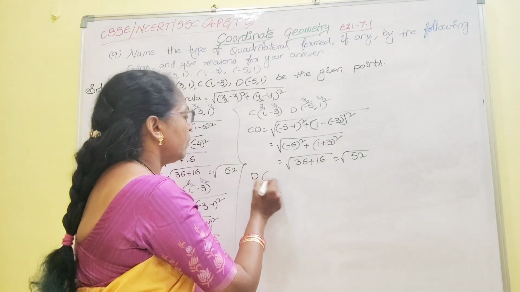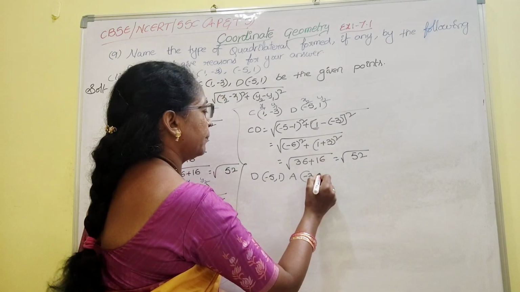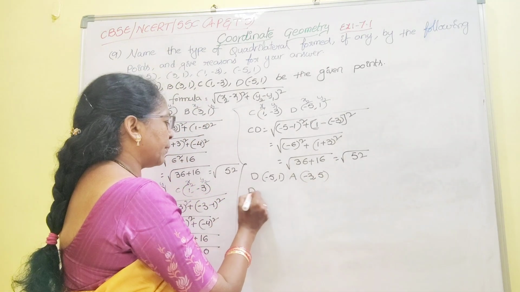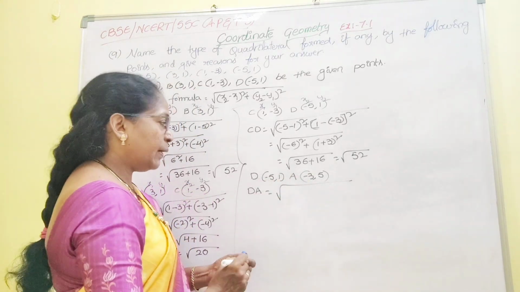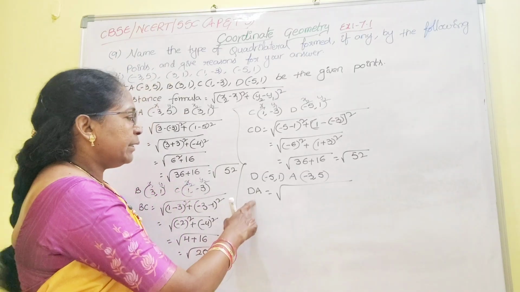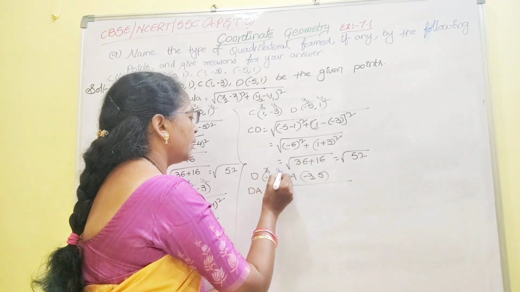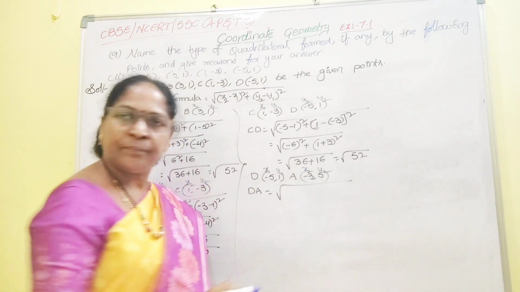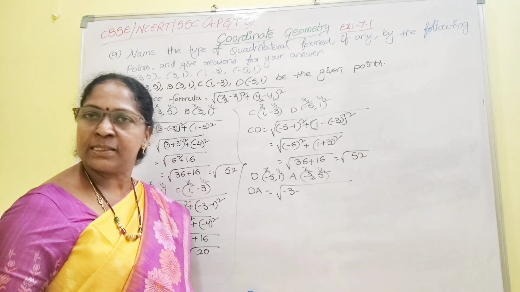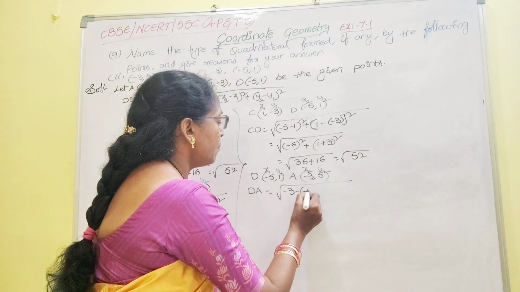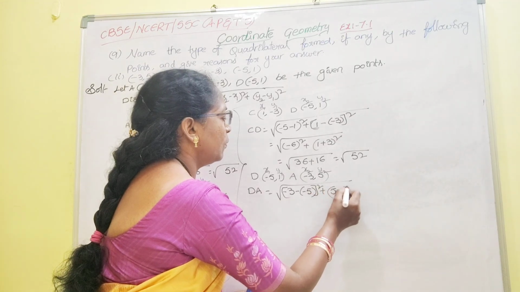Next, DA, where D is (-5, 1) and A is (-3, 5). DA equals square root of (x2 minus x1) whole square plus (y2 minus y1) whole square.